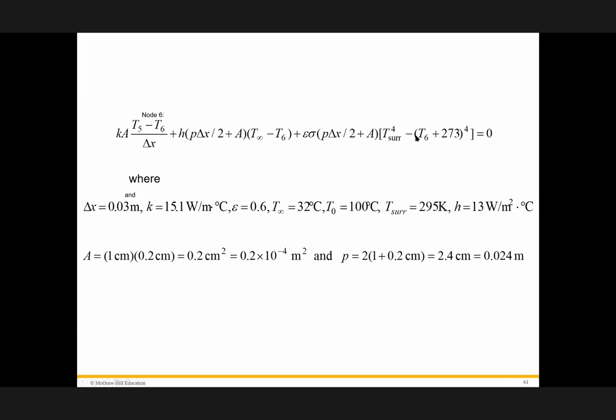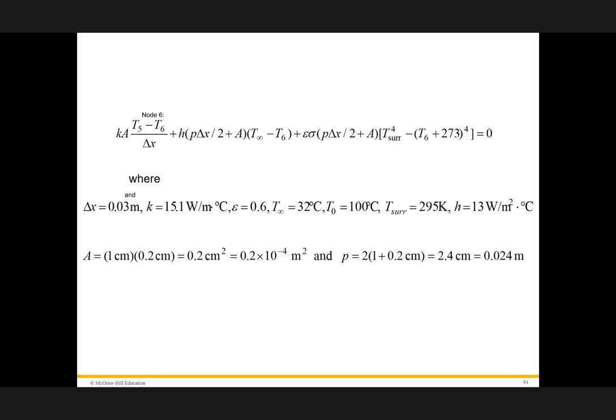The same thing for radiation. Radiation from the top part and radiation from the side part, okay? Therefore, here we write it down and look. But of course, you cannot solve it here because you have temperature to power 4. In all of your previous equations, you have temperature to power 4.